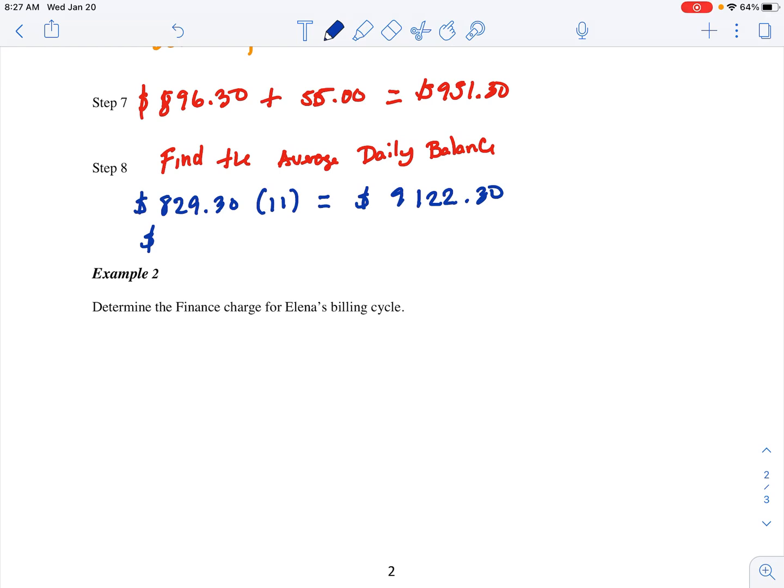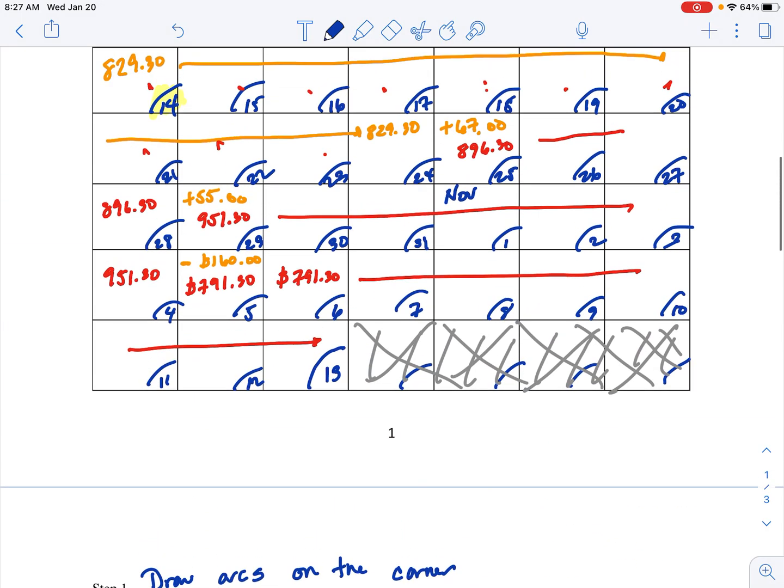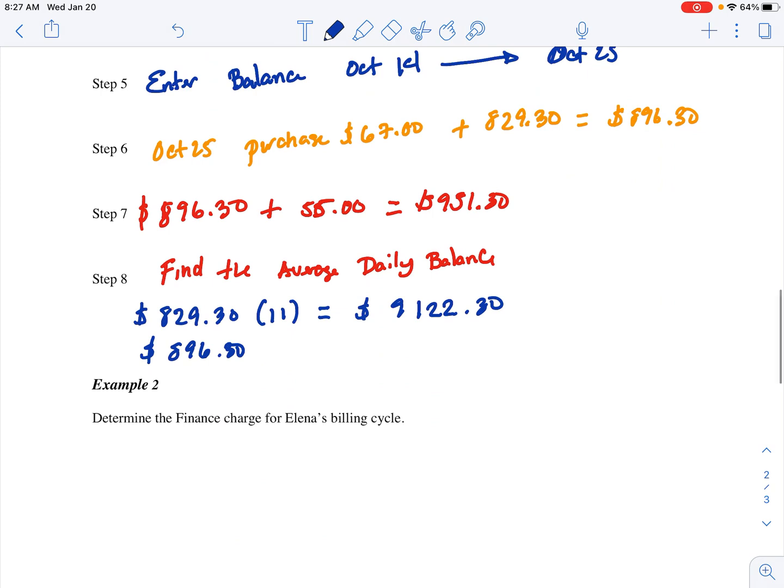And then we're going to add the next balance, which is $896.30, and we had that for 4 days. Multiply that by 4. Equals $3,584. Okay.